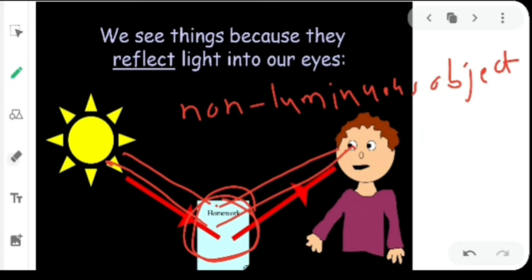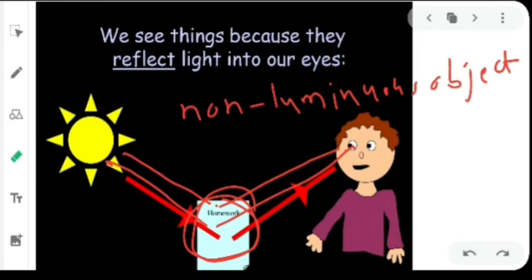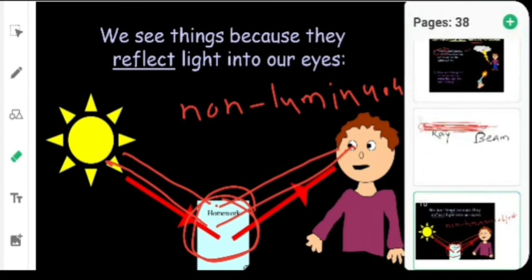And let us consider the objects that are visible to our naked eyes directly by themselves. Which objects produce their own light?